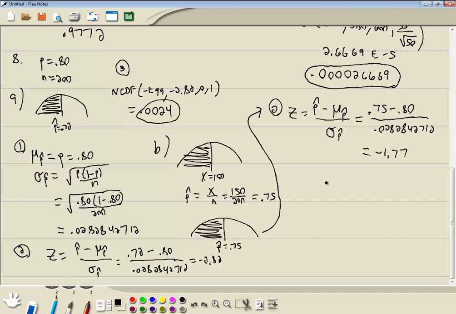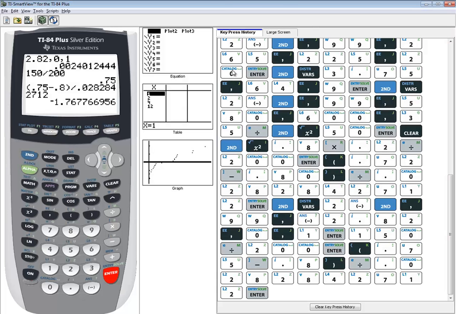Okay, now our picture looks like this. We've got z is equal to negative 1.77, and it's shaded to the left. So step 3, we're going to do normal CDF, negative E99, negative 1.77, and then 0 and 1. So let's see what that gives us.